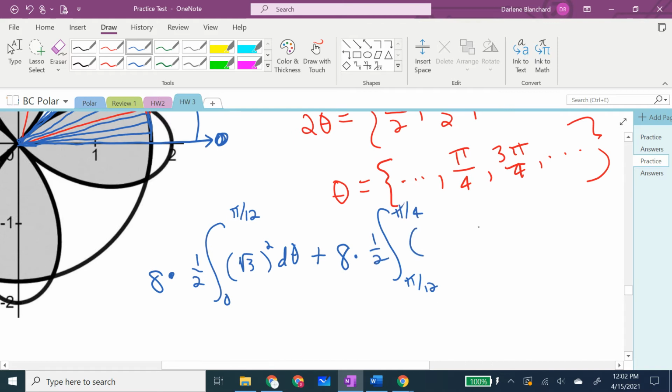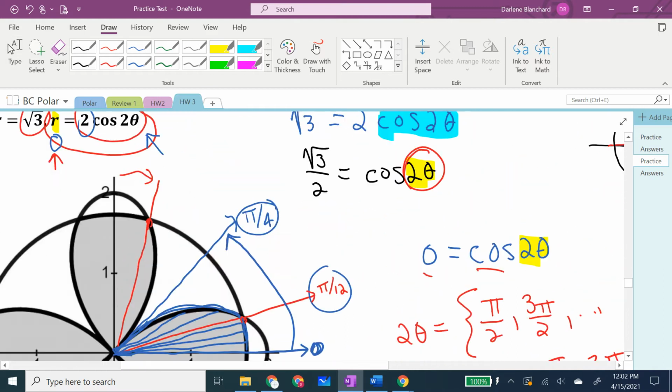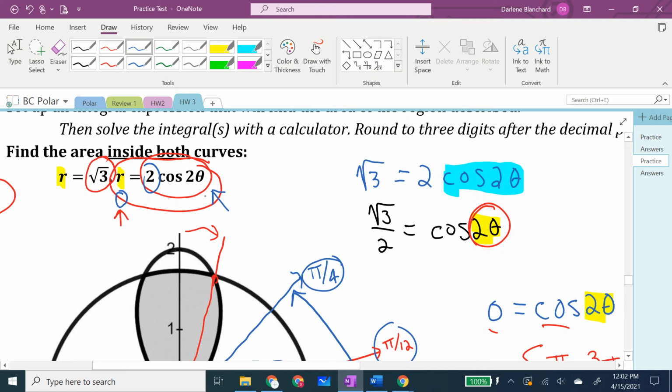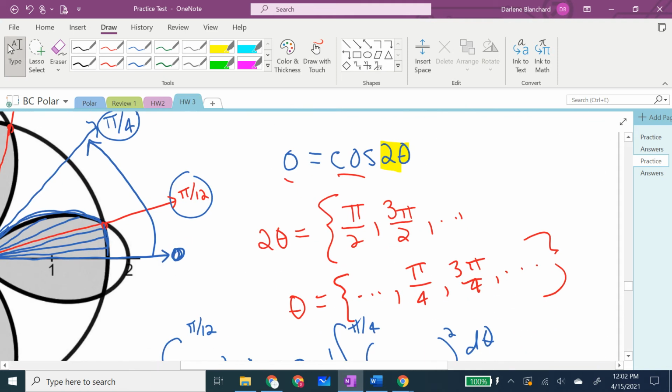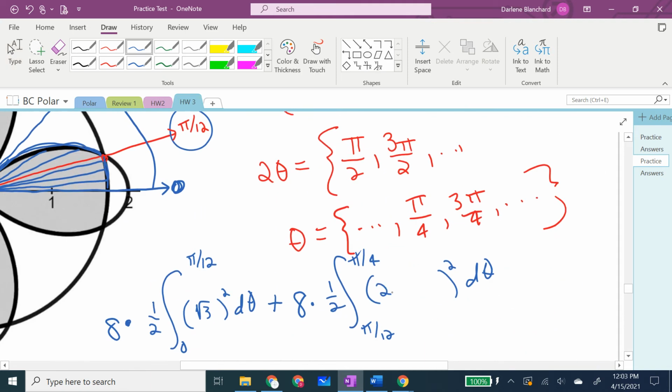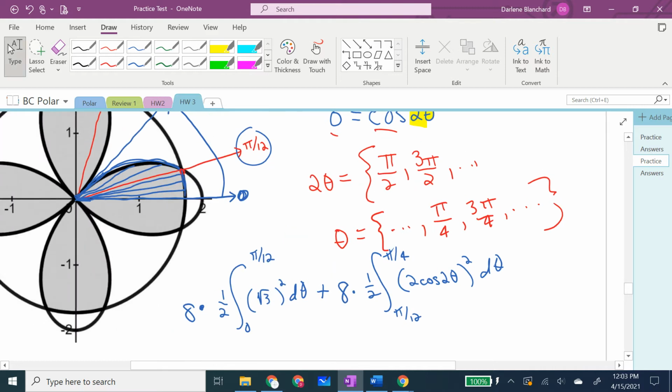And then 1/2 r squared d theta. But this time, your r is 2 cosine 2 theta. And then that'll get you that area.